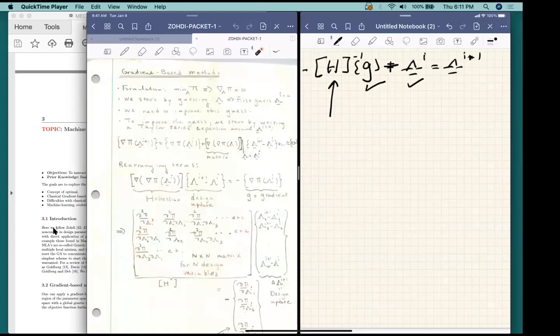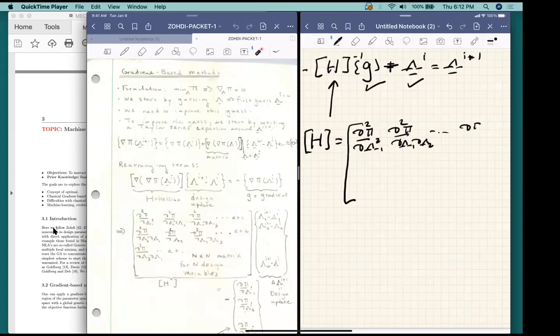Well, let's look at what the Hessian looks like in all of its glory. It is an n by n matrix. It's the partial of pi with respect to lambda 1, second derivative, partial of pi with respect to lambda 1, lambda 2, mixed derivative, all the way down to partial of pi with respect to lambda 1, partial of pi with respect to lambda n.